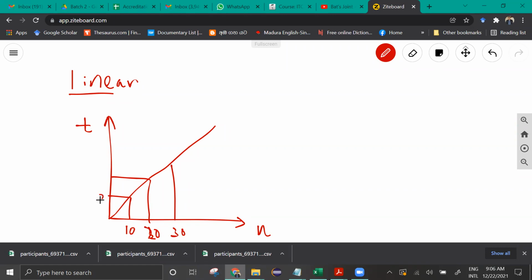So this could be 2, this could be 5, this could be 7, this could be 9. Likewise, this could be 2, this could be 4, this could be 6.